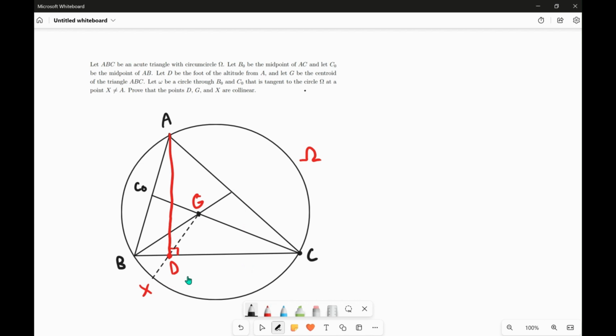And then this ends up being B0. And we can erase this point X because we do not know which point X it is. We want to work backwards. So we end up constructing this line here. Let me go ahead and reorient it.